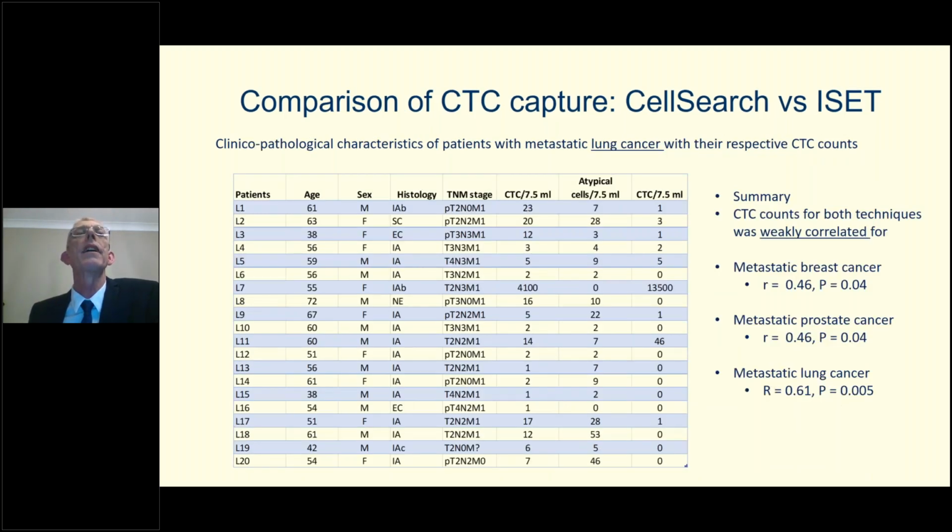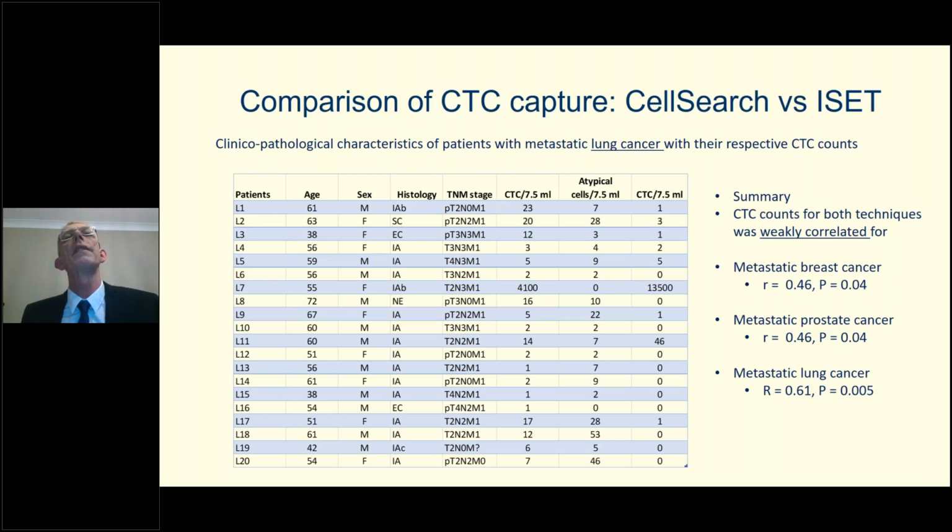Looking at lung cancer, a similar sort of picture. Some correlations, so for example, in patient L7 for lung cancer, where we have a significantly high number of CTCs identified with ISET. Apologies, this should be ISET next to the TNM stage.